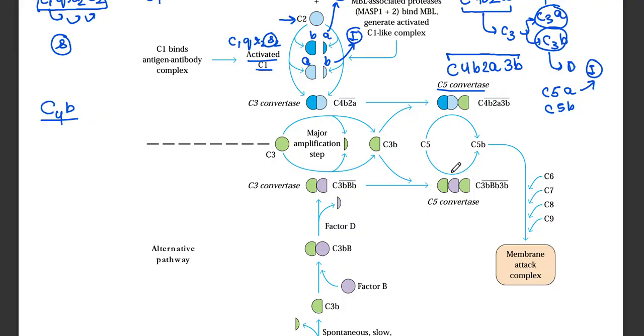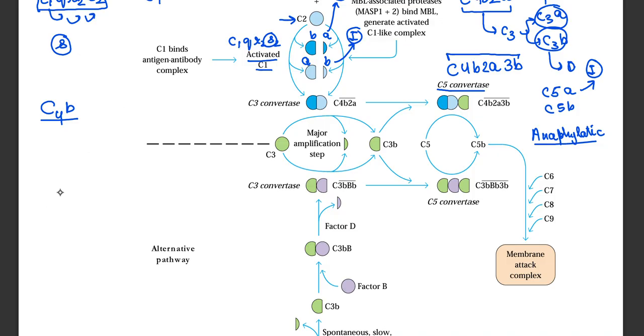The C5 convertase was trying to break the C5 into C5A and C5B. C5A is a major inflammatory agent. I was just thinking about the name, and I think somewhere it is an anaphylatoxin or something like that, which is causing the major inflammation.